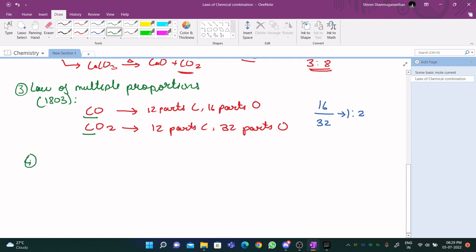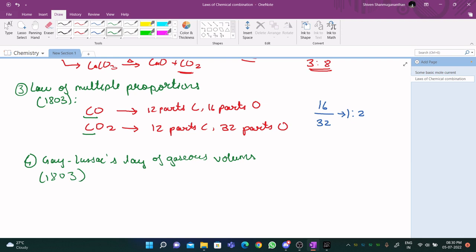Number 4, we have Gay-Lussac's law of gaseous volumes. It has gaseous in the name. Gaseous volumes. Now this was given in 1808, 5 years later. What this law says is gases combine in a simple ratio by volume.